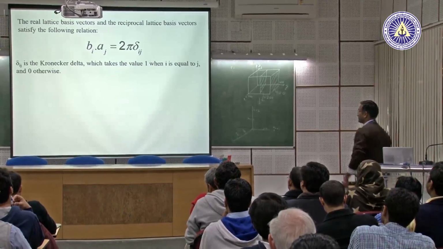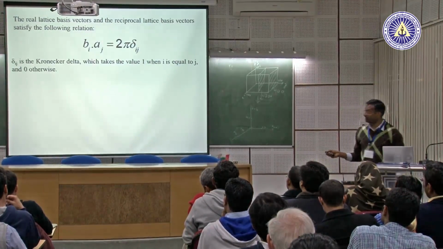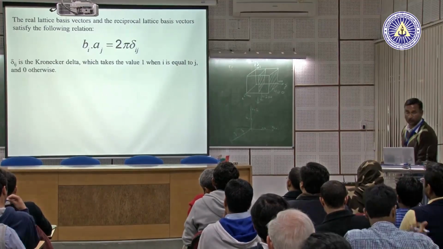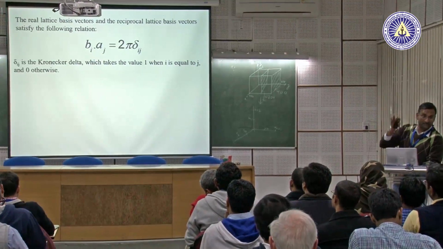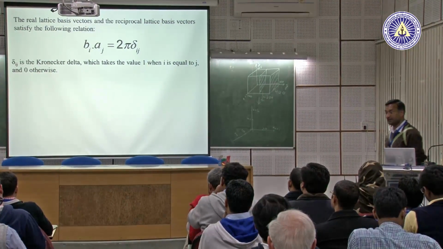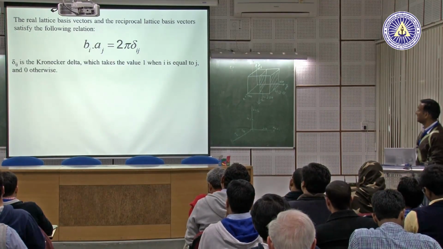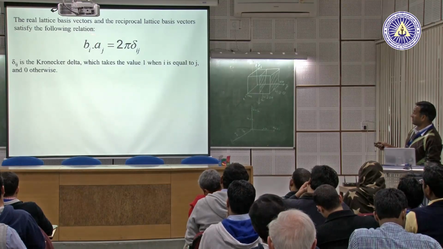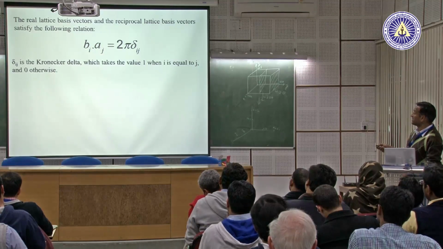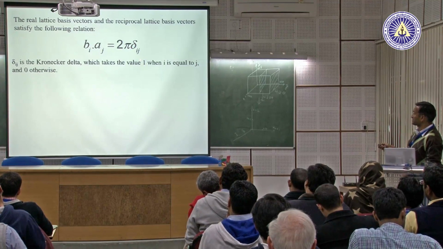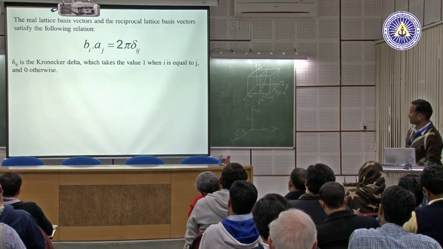Another way of representing that, since you have seen the vectorial relation between them, is that b1 is nothing but the cross product of a2 and a3, b2 is the cross product of a3 and a1, and so on and so forth. They have to satisfy the relation bi dot aj equals 2 pi delta ij, where delta ij is the Kronecker delta.